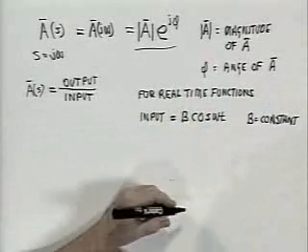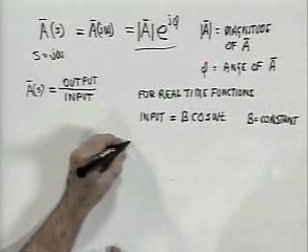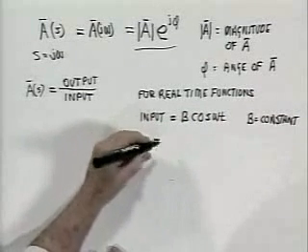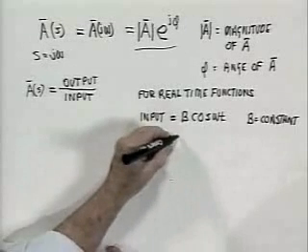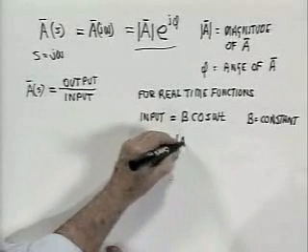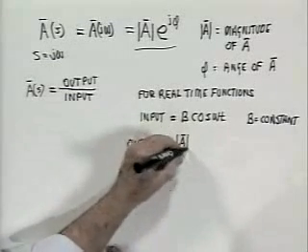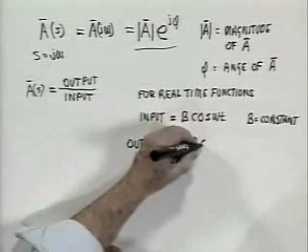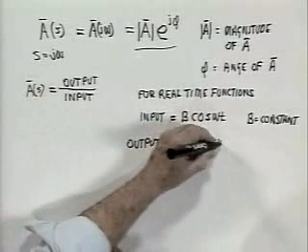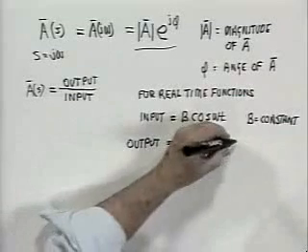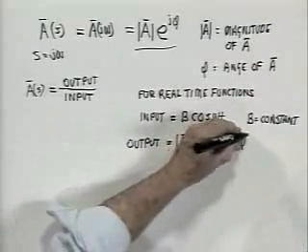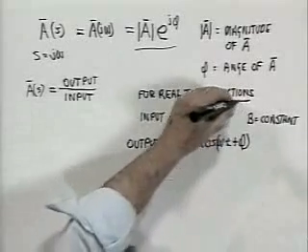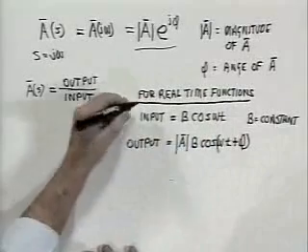So if the input is of that form, the output will be of the form magnitude of A times B cosine of omega t plus phi. That's for real-time functions, cosines or sines.